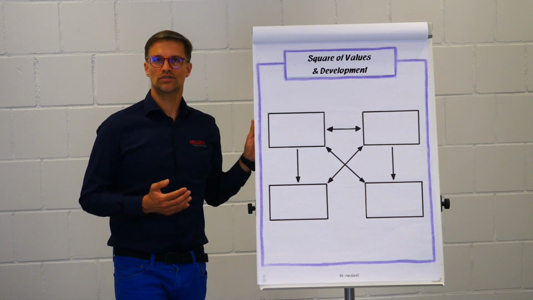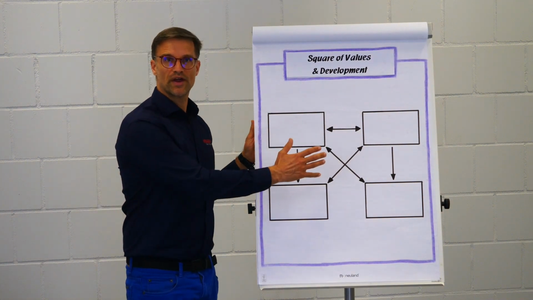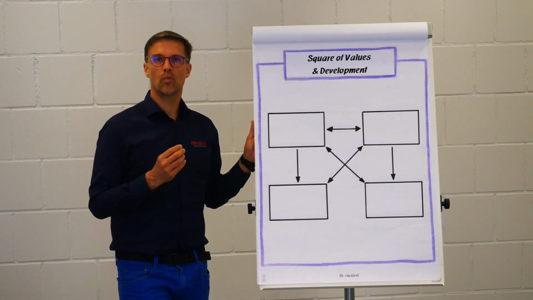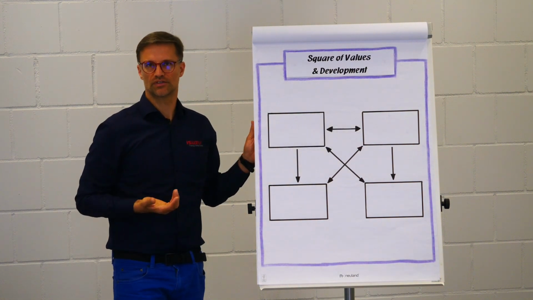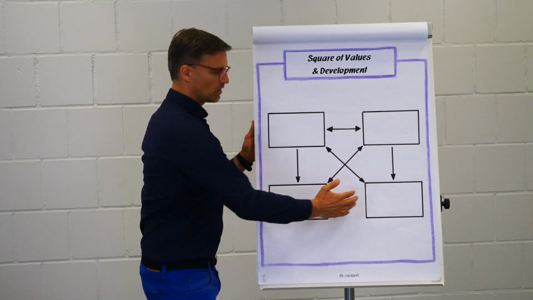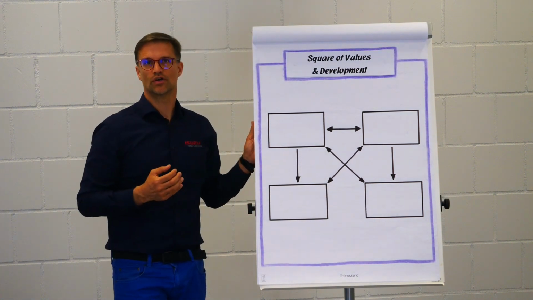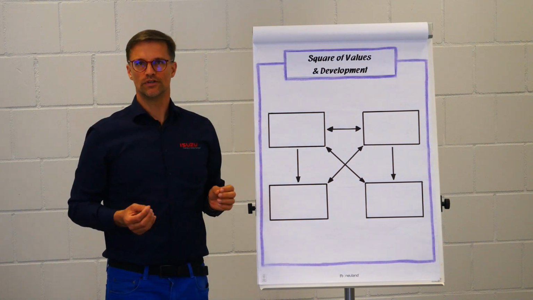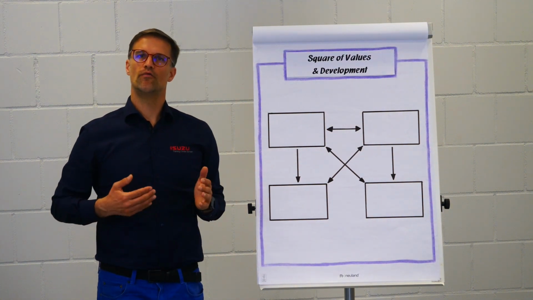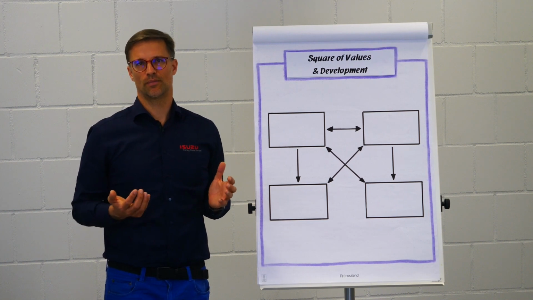The model consists of 4 squares. At the top you always find the positive values and characteristics, and at the bottom the exaggerations of the same positive value. Let's use the word thrifty to construct an example of a very clear square of value and development.